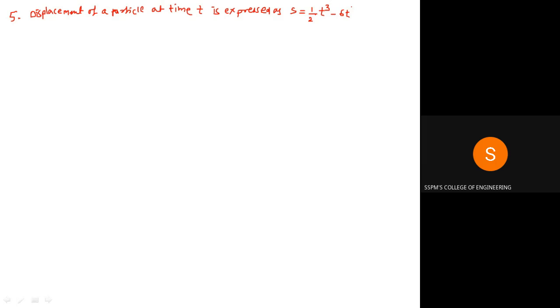This is the displacement. Find acceleration at time t when velocity vanishes.